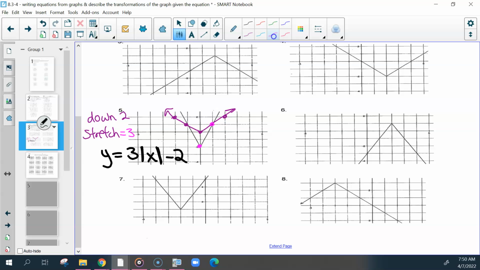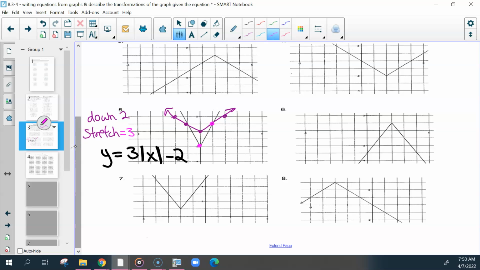Other questions we want to check, go over had questions. 6 and 7 on which page? On this page. For 6, let's see, where's our middle? Right here. So this would be our original. So comparing our original to the one that's graphed, this was flipped upside down.